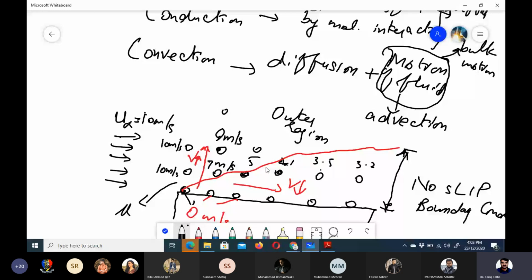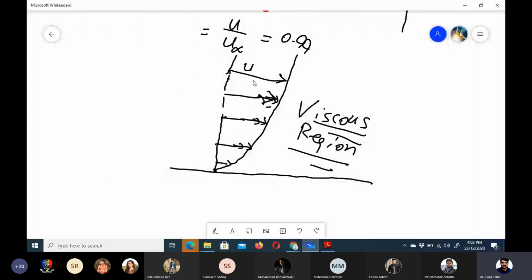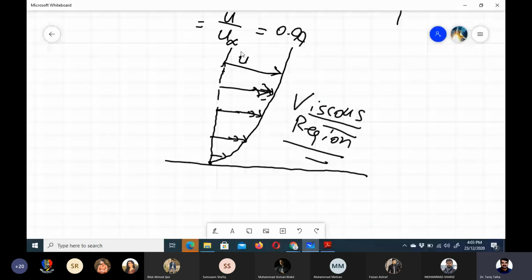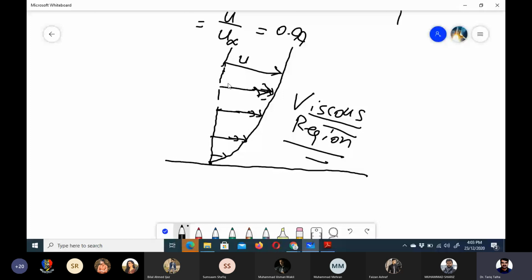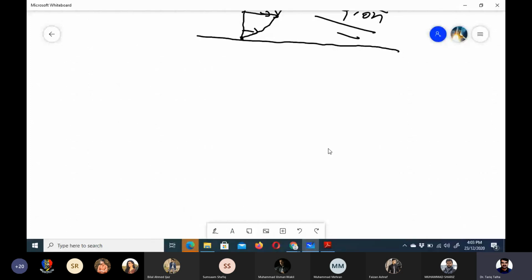So now let me go back to that velocity profile. I have told you that this is the viscous region, and after it becomes equal to the free stream velocity, then it becomes the outer region. Okay, now let's go further and talk about the temperature boundary, the thermal boundary layer.